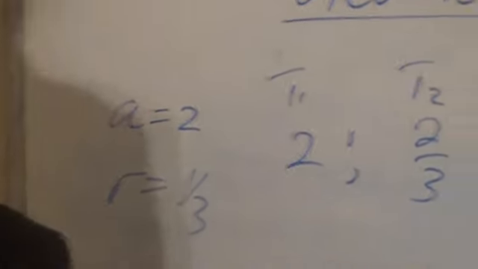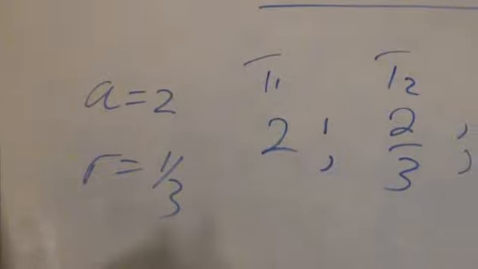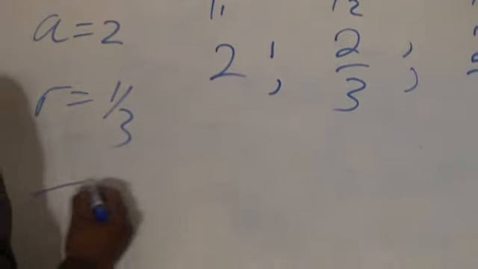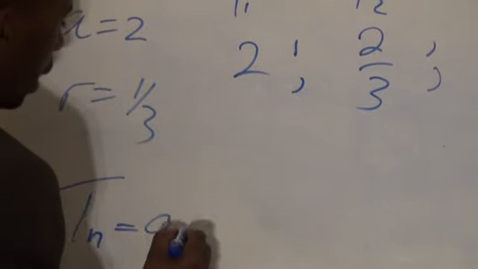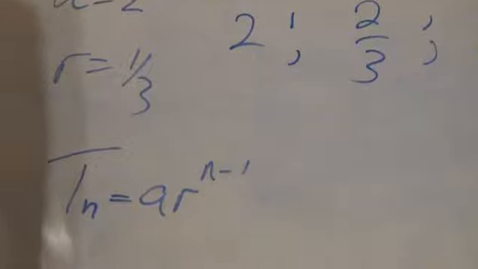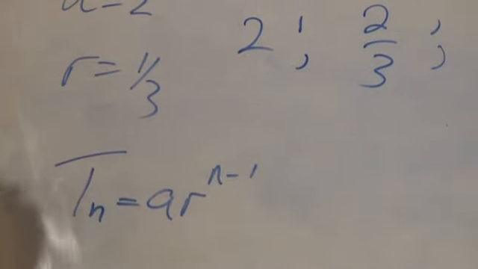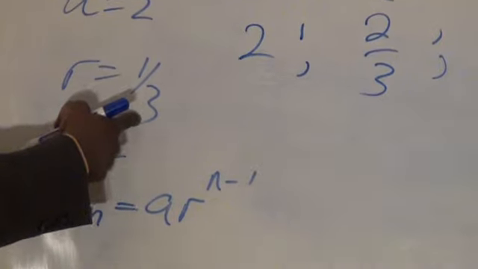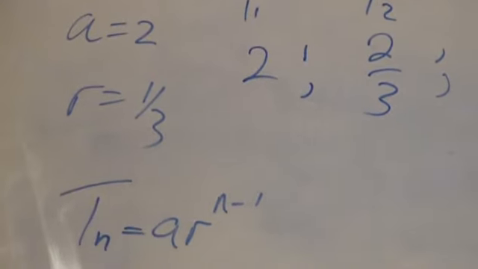More importantly, we also know that because it's a geometric sequence, the nth term in general is a r^(n-1). Is that correct? We have just seen that. So now that we understand that a is equal to 2 and r is equal to 1 over 3, we can write this uniquely.